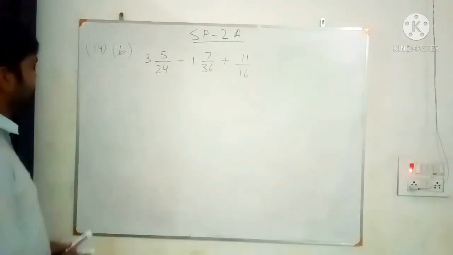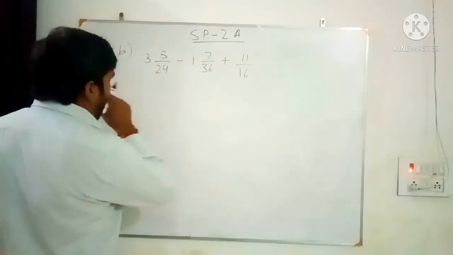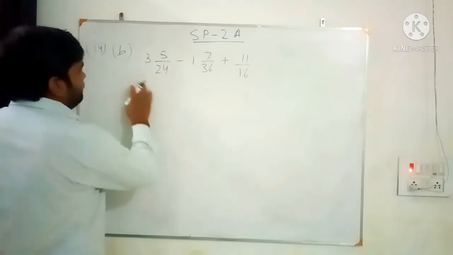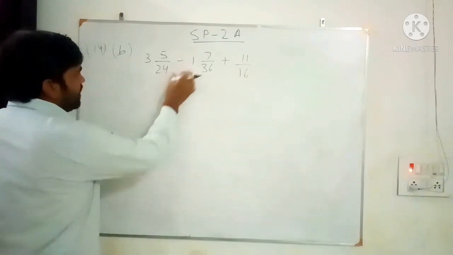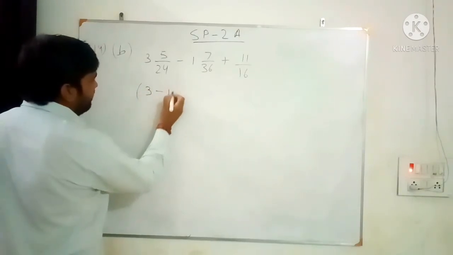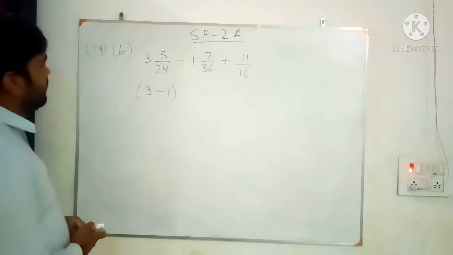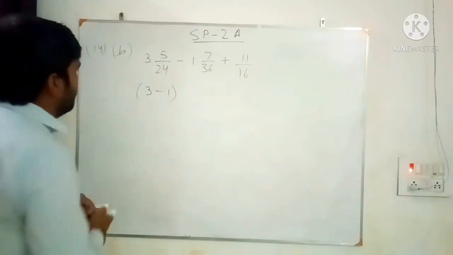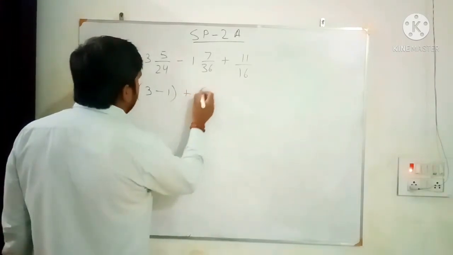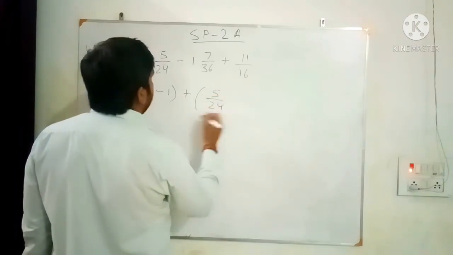Now see how we do this question. In this also, first in one bracket we write the mixed numbers, 3 minus 1, because these are mixed numbers, and in another bracket we write all the fractions, 5 by 24.